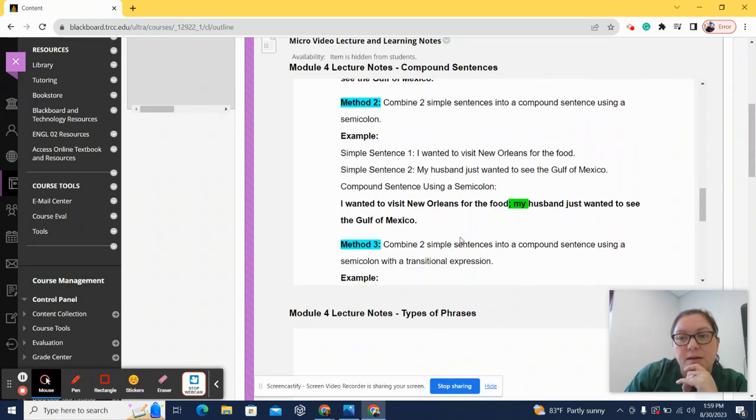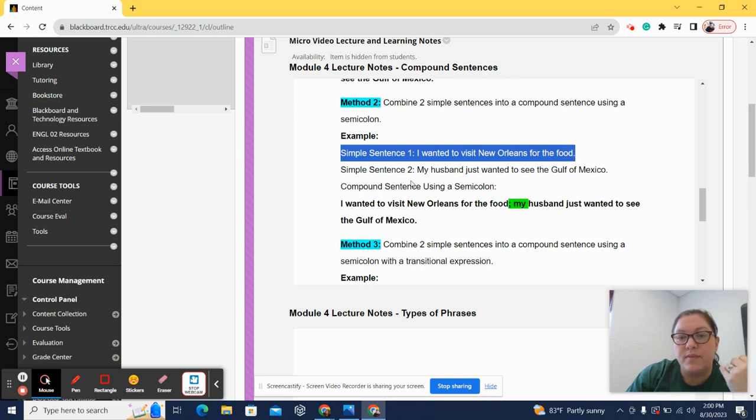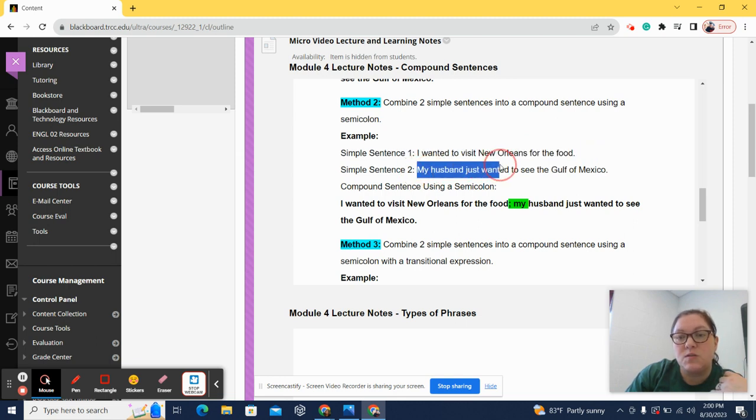Method 2: combine the 2 sentences into a compound using a semicolon. So if sentence 1 is, I wanted to visit New Orleans for the food, and sentence 2 is, my husband just wanted to see the Gulf of Mexico, I could make this a compound sentence by saying, I wanted to visit New Orleans for the food, semicolon, my husband just wanted to see the Gulf of Mexico.